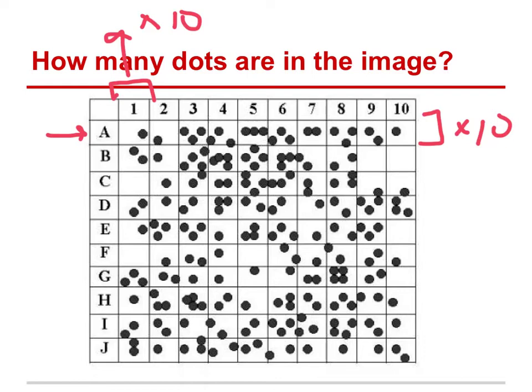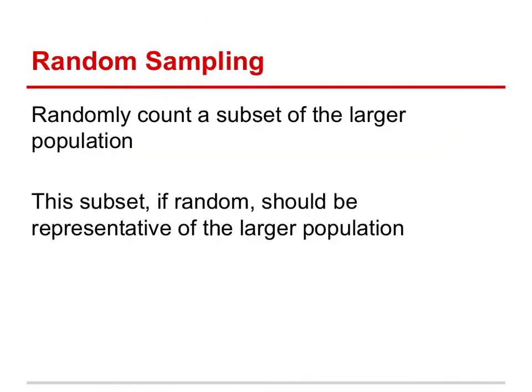I'm going to give you one more strategy, a very similar strategy compared to the rows or the columns sampling, and we're going to call it random sampling. Random sampling is a method of sampling a larger population where we randomly count a subset of the larger population, and if that subset is random, it should be representative of the larger population.